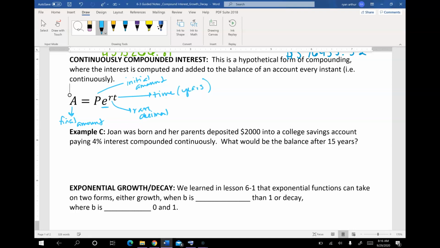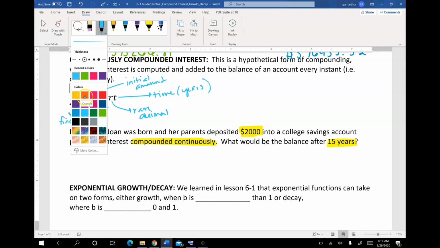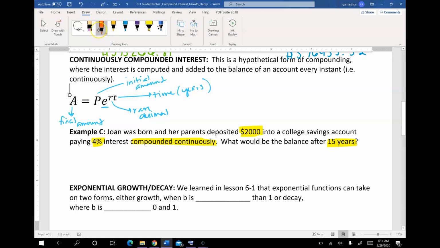So we're going to read this next problem. It says, Joan was born. Her parents deposited $2,000 into a college savings account, paying 4% interest, compounded continuously. What would be the balance after 15 years? Why did I highlight the words compounded continuously? Because those words tell you which formula to use.